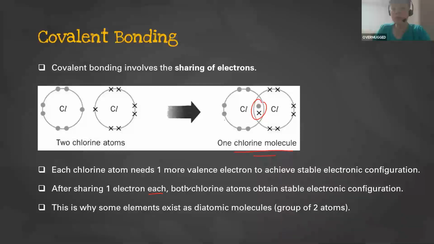That is why some elements exist as diatomic molecules. A common exam question again: explain why chlorine gas exists as a diatomic molecule. Why doesn't it exist as an atom on its own? It's because they want to achieve stable electronic configuration. And how can they do it? By sharing electrons in this case.